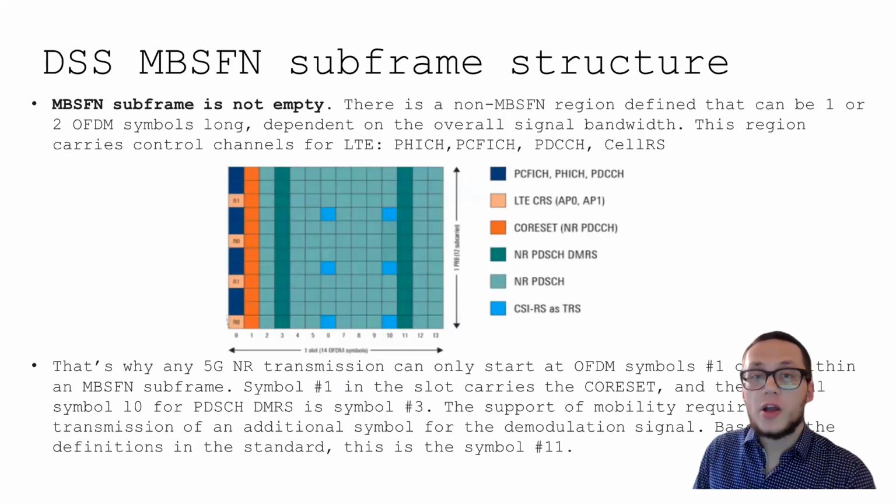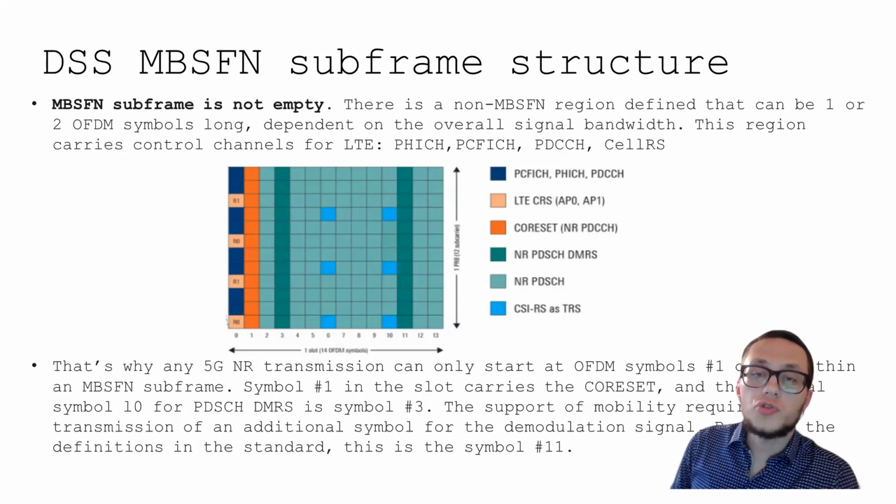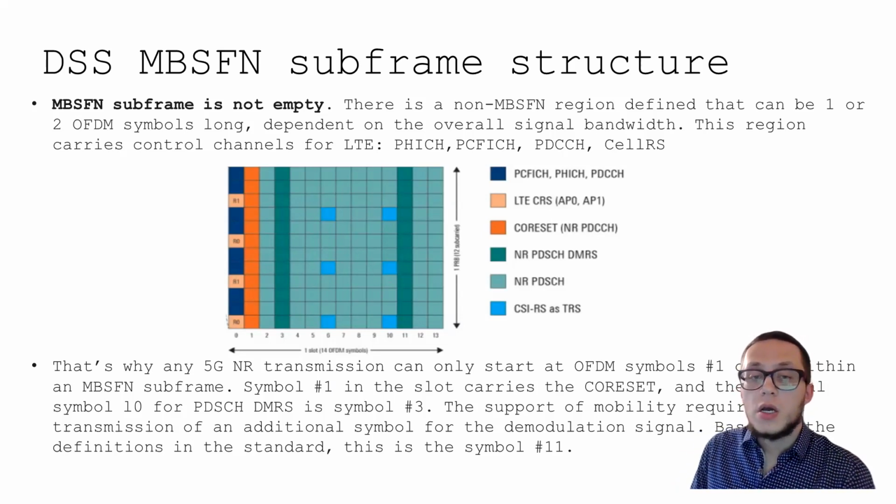Now let's look at the structure of an MBSFN subframe. As I said before, it is not fully empty. The first symbols, usually the first 1 or 2 OFDM symbols, as we can see from the left side of the picture, are usually occupied by LTE signals, because we cannot get rid of LTE cell reference signals, the LTE PDCCH control channel and other channels.